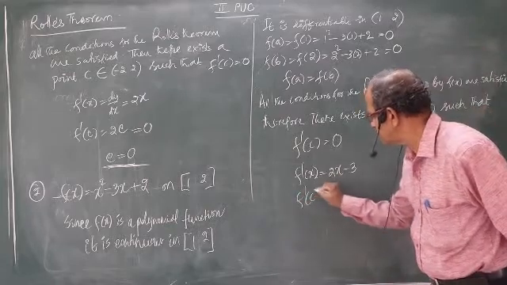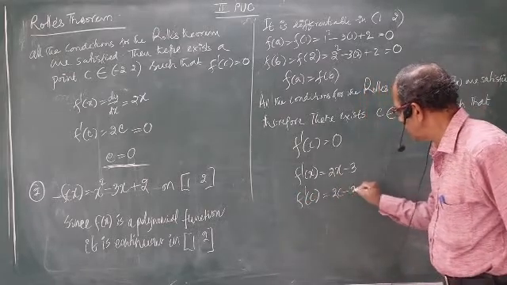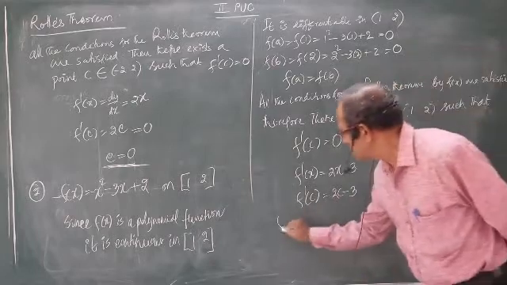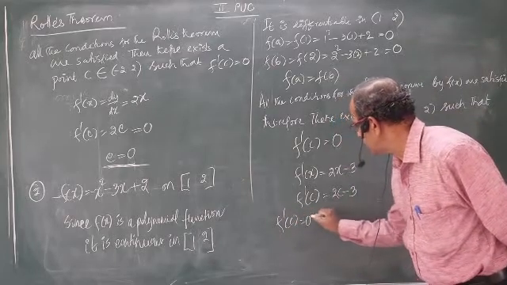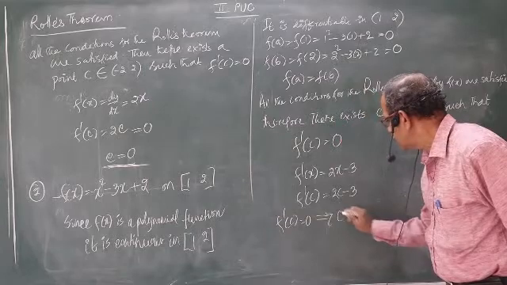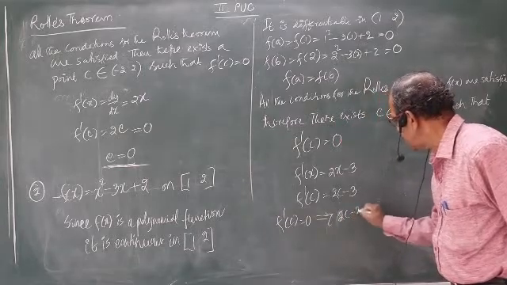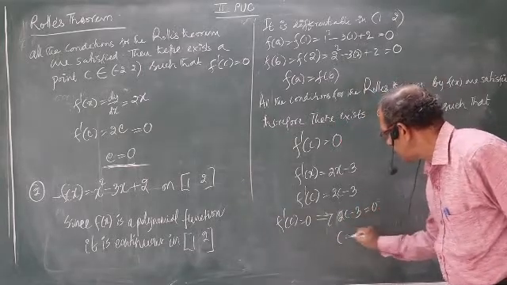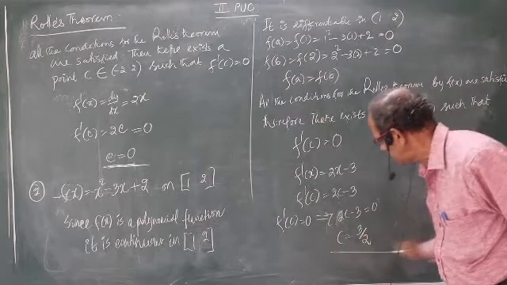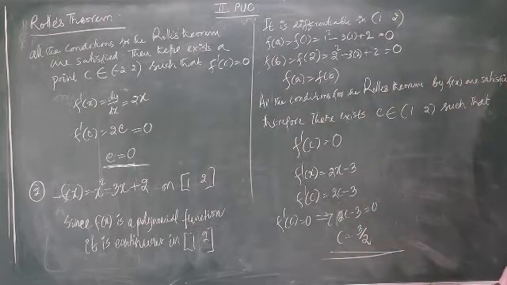F dash of C is 2c minus 3. F dash of C equal to 0 implies 2c minus 3 equal to 0, or C equal to 3 by 2. Over. 3 by 2 is the point where you get the derivative of the function as 0.